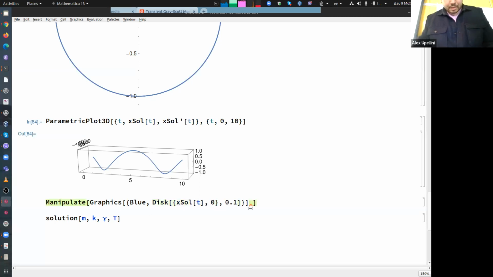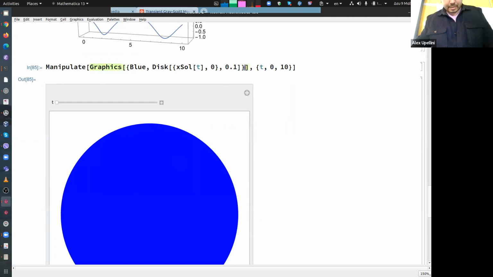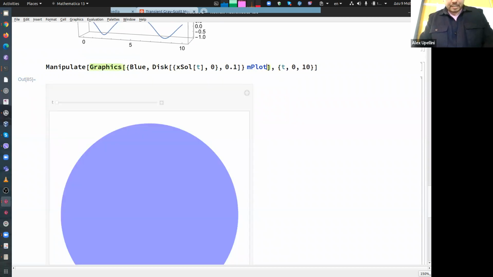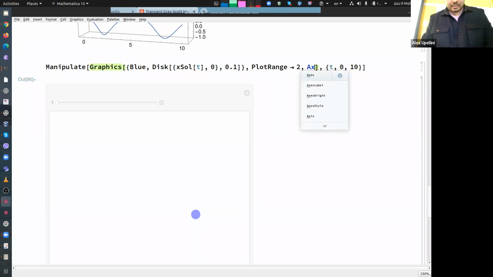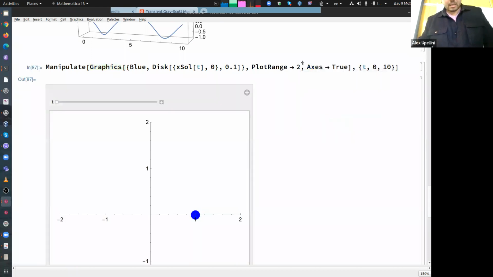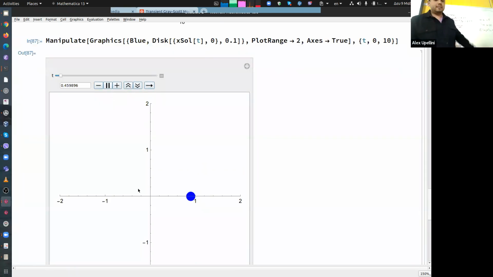And I'm moving that from t equals 0 to 10. I'm going to say that the plot range is 2, and add some axes. Okay, so this is my mass, and the mass is moving along with the differential equation.